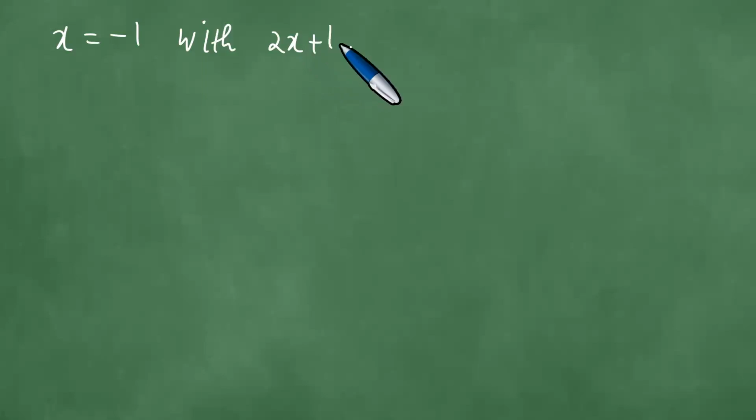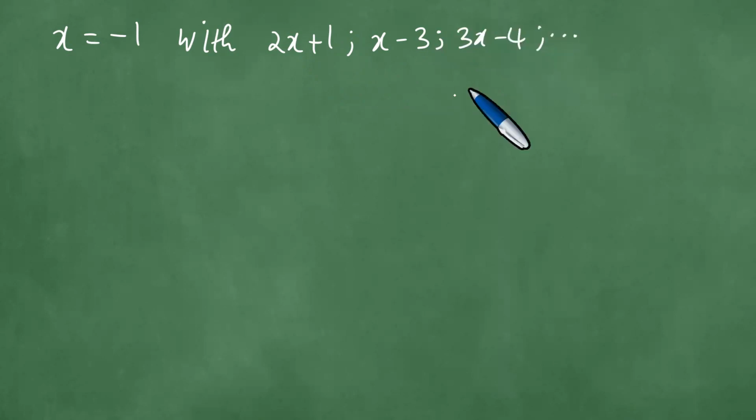Right, so x equals minus 1, you already know that, with the sequence 2x plus 1, x minus 3, 3x minus 4, and so on.